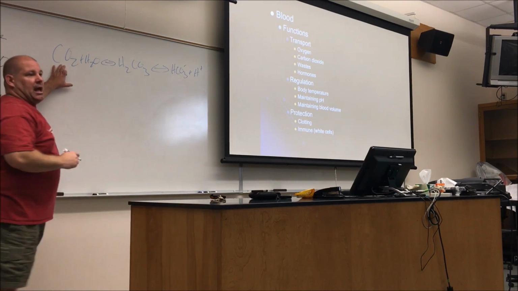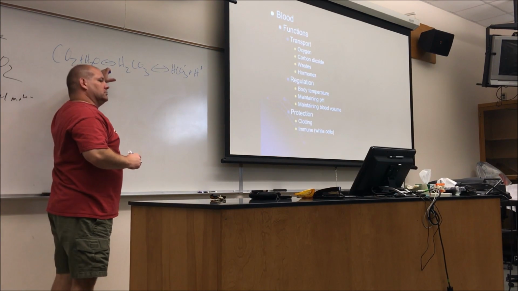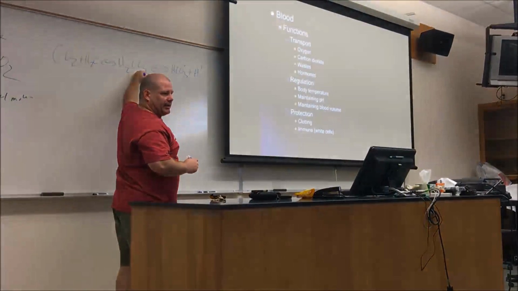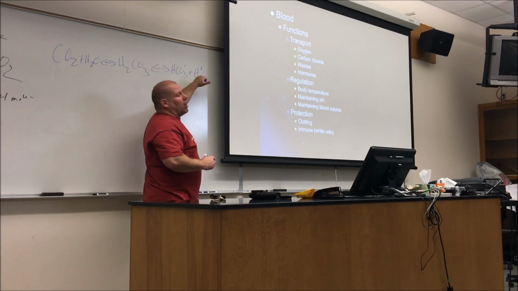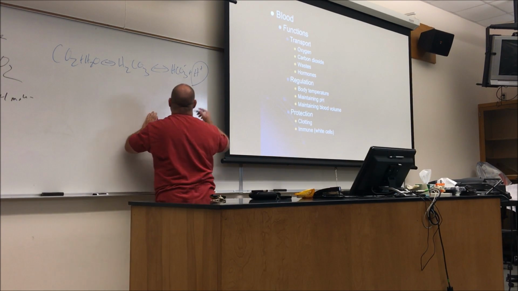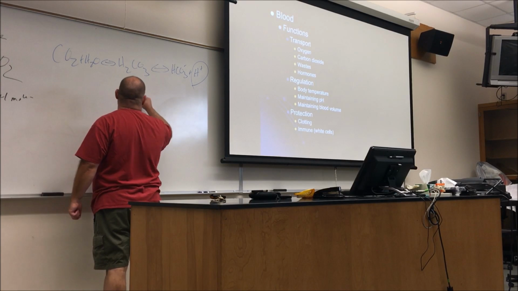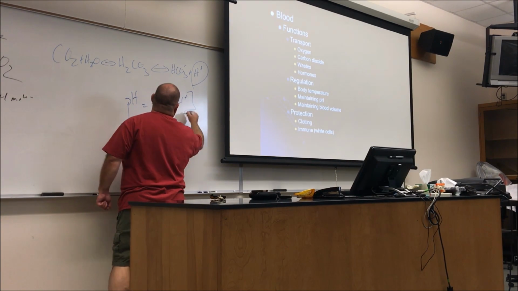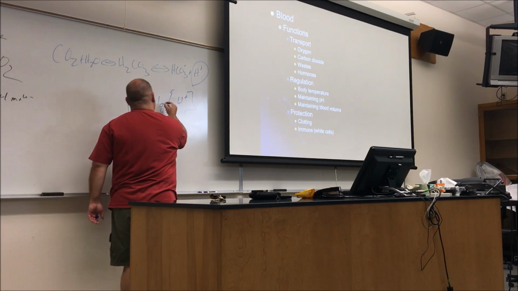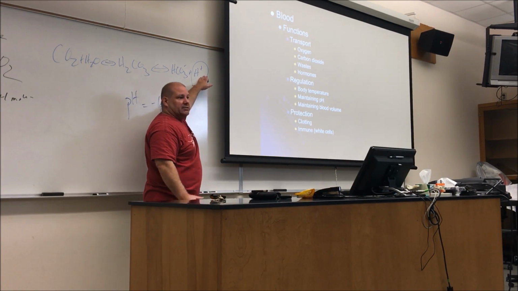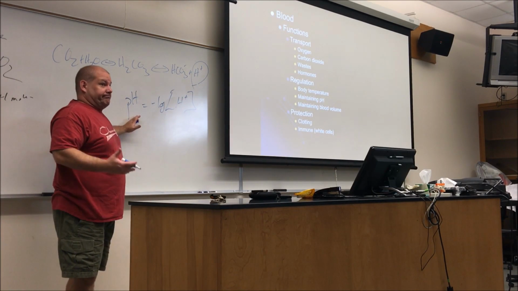So carbon dioxide plus water gives me this really unstable acid called carbonic acid, and then I end up with bicarbonate and hydrogen ions. pH is equal to the negative log of the hydrogen ion concentration, which is just a really fancy way of saying: the more I have of this, the lower my pH.